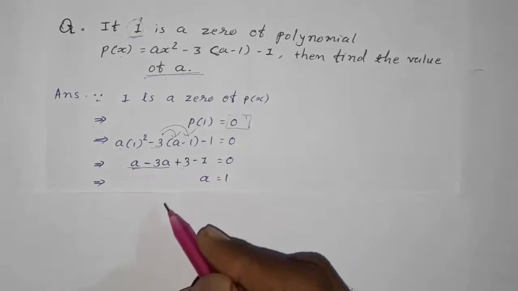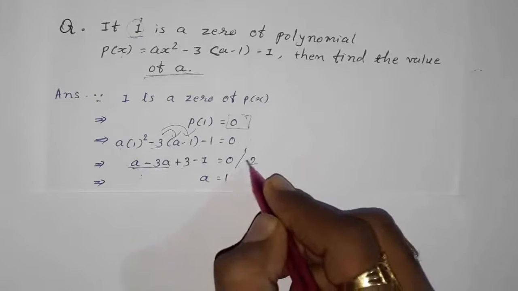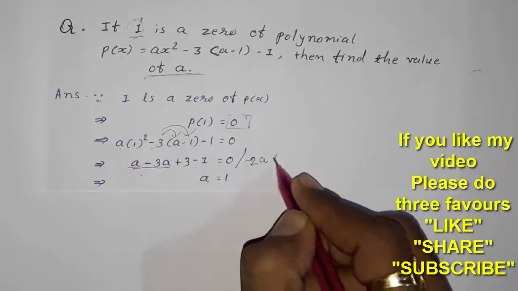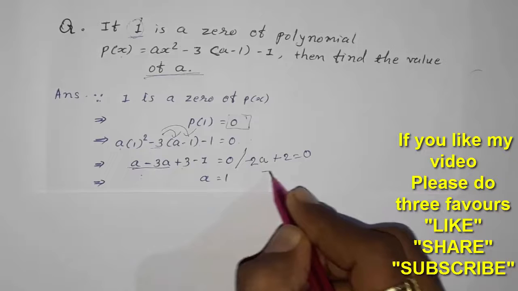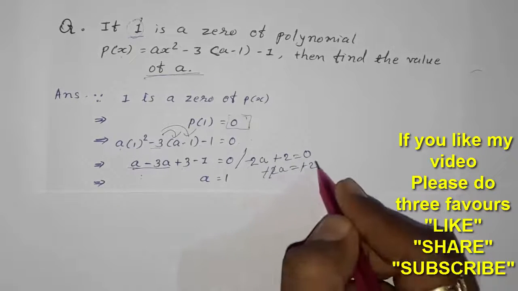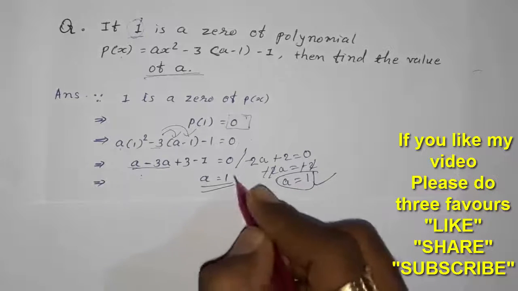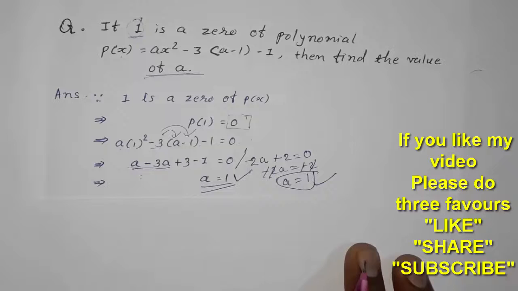Now this will become minus 2a, and plus 2 equals 0. Now minus 2a equals minus 2. Minus 2 and minus 2 will get cancelled. So a equals 1. So directly I have written a equals 1. So this was the second question.